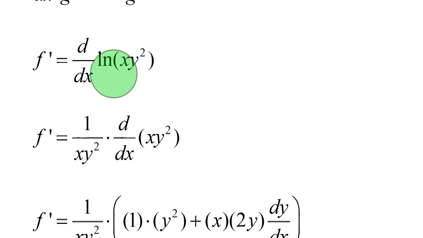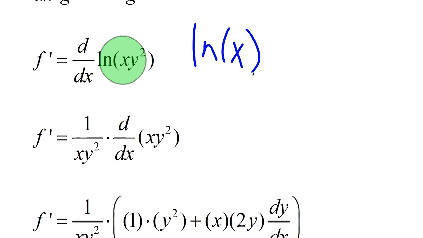this is where it gets a little complicated, but that's okay. We are using the chain rule in combination with implicit, which is actually kind of like a chain rule. So it's like a chain rule within a chain rule. First of all, let me try to break this down for you as best as possible. We know that the derivative of natural log of x is 1 over x, right?